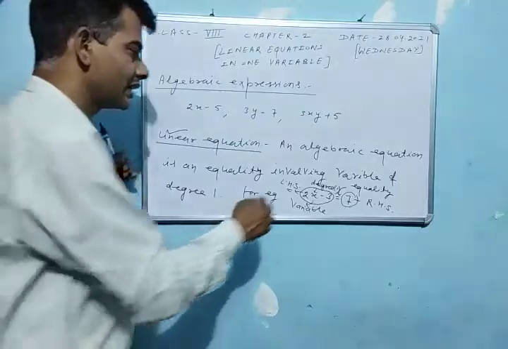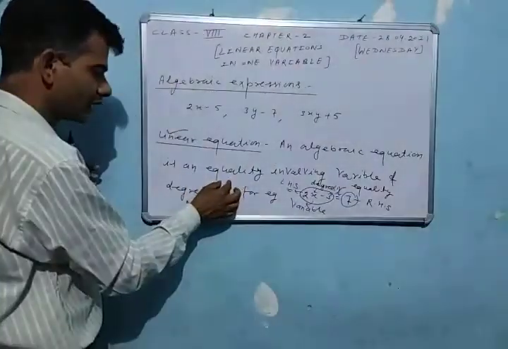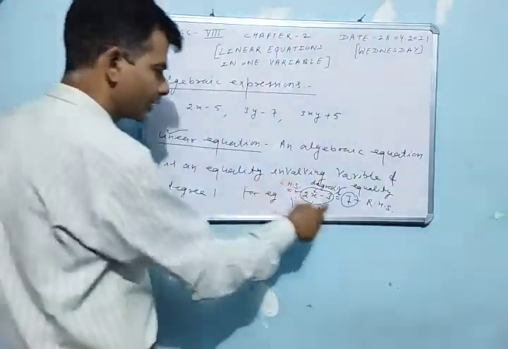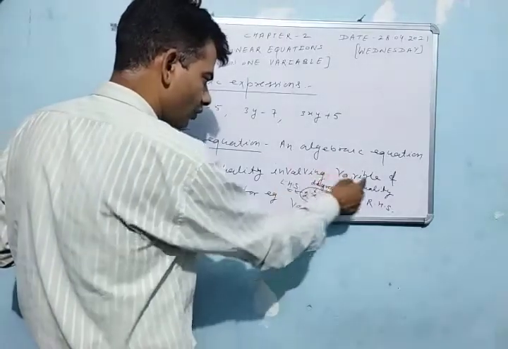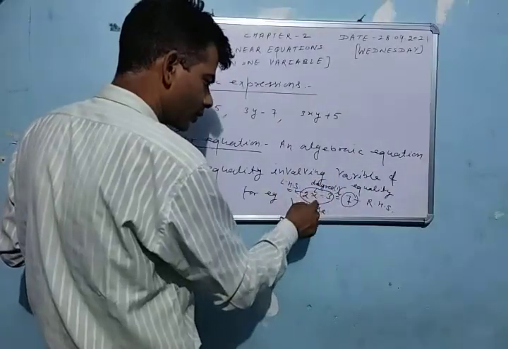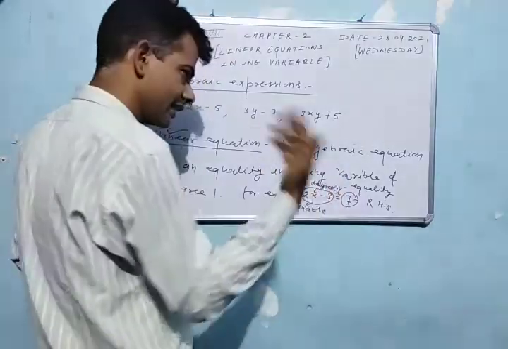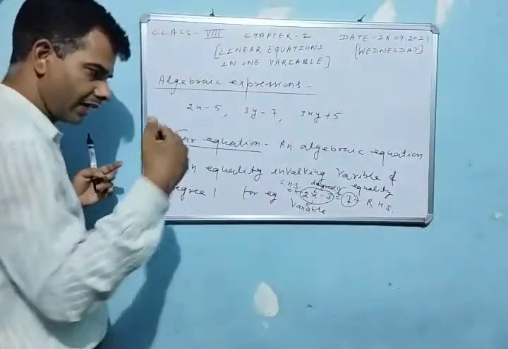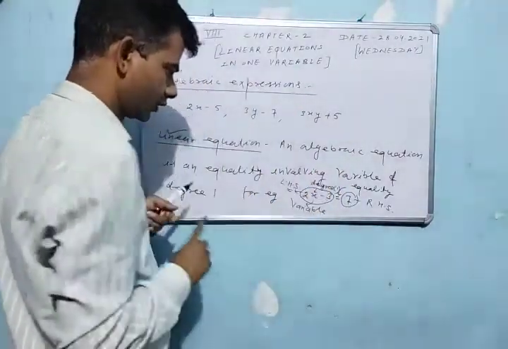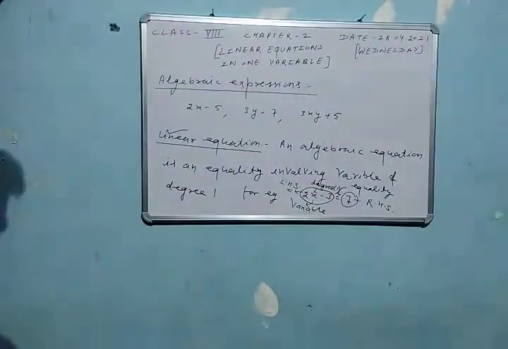So students, an algebraic equation is an equality. In an equation there should be an equal sign involving a variable. There should be a variable, that is x, y, z, any variable, and whose degree should be equal to 1. Students, please note it down.